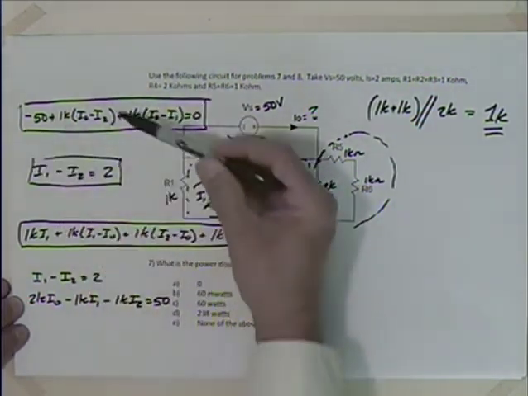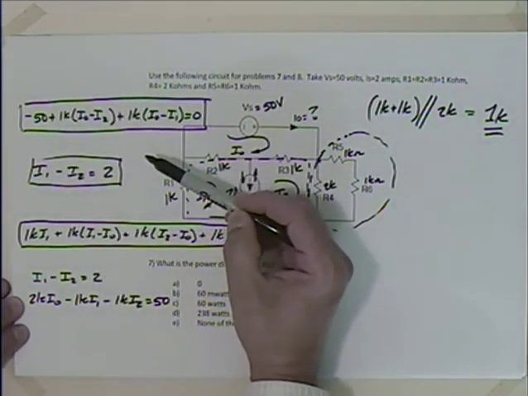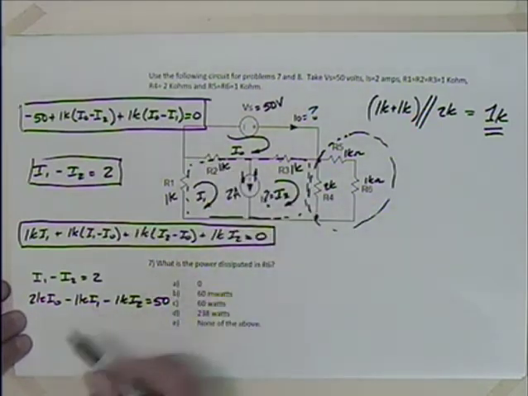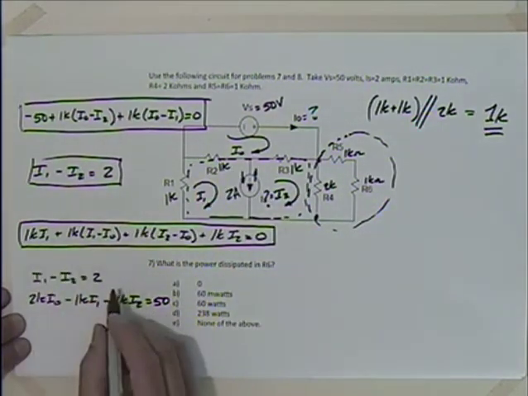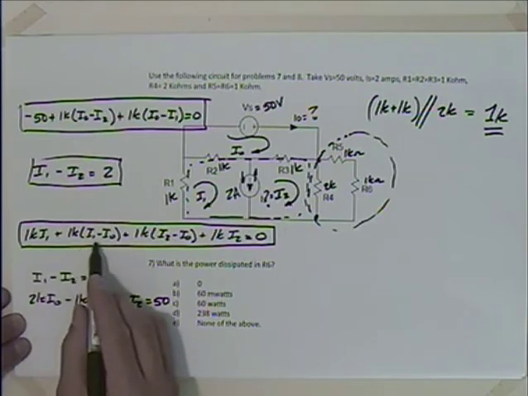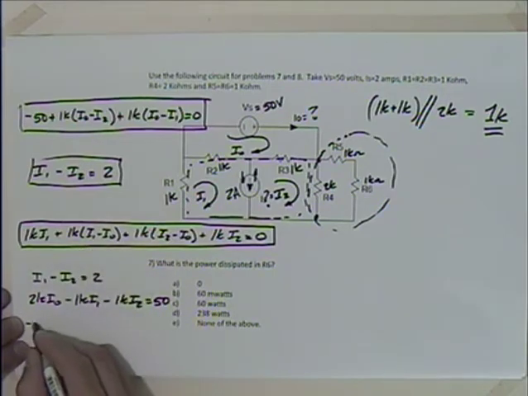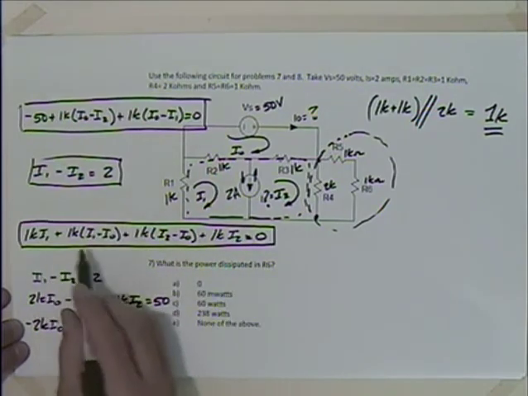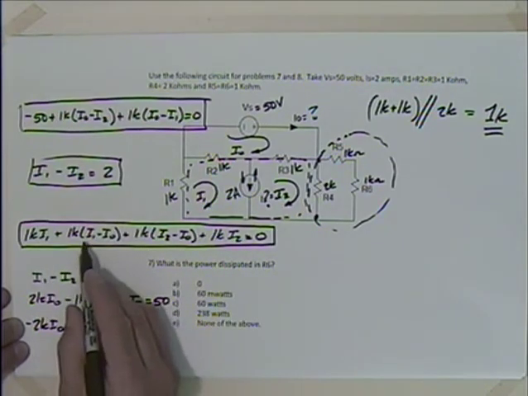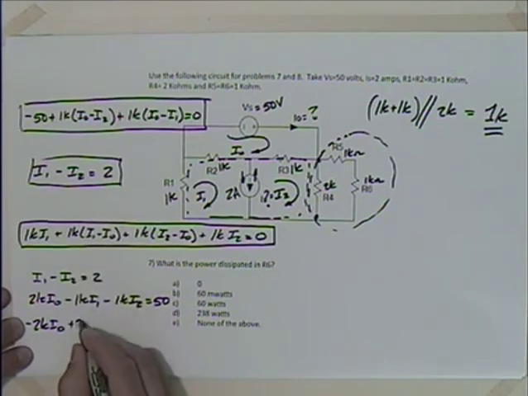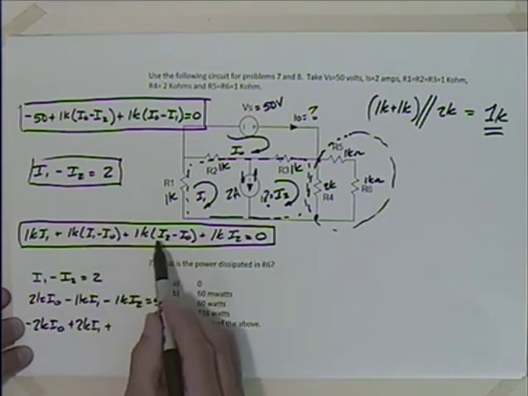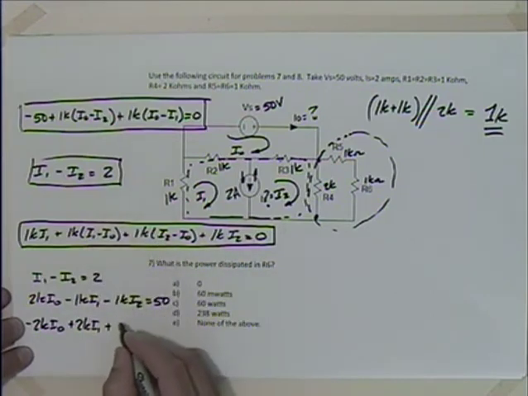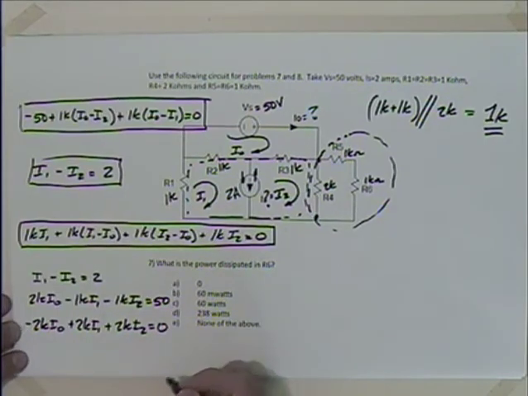Is that right? 50 goes to the other side. Yes. Okay. And then lastly, what have I got here? I naught, minus 2K I1, plus 2K I2 is equal to 0.